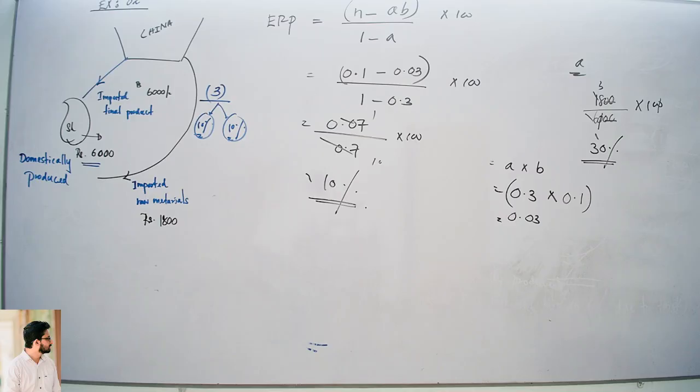Finally, graphical. So there is no equation for the graphical part, no equation for the nominal rate of protection. But I want to explain this part. Effect of tariff, page number 9.